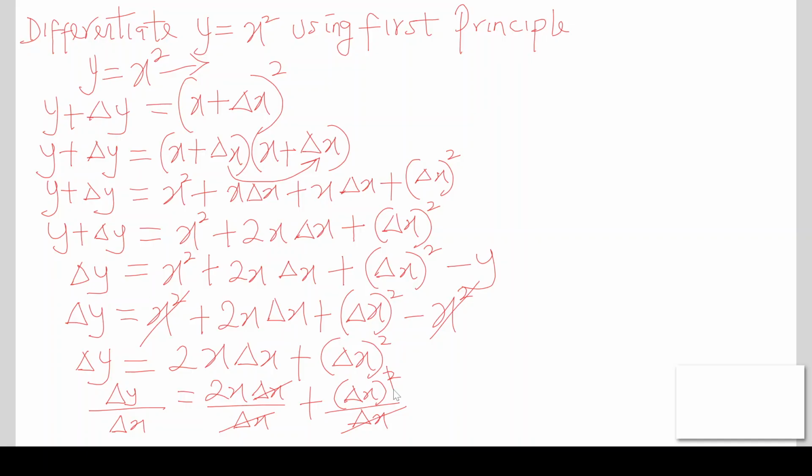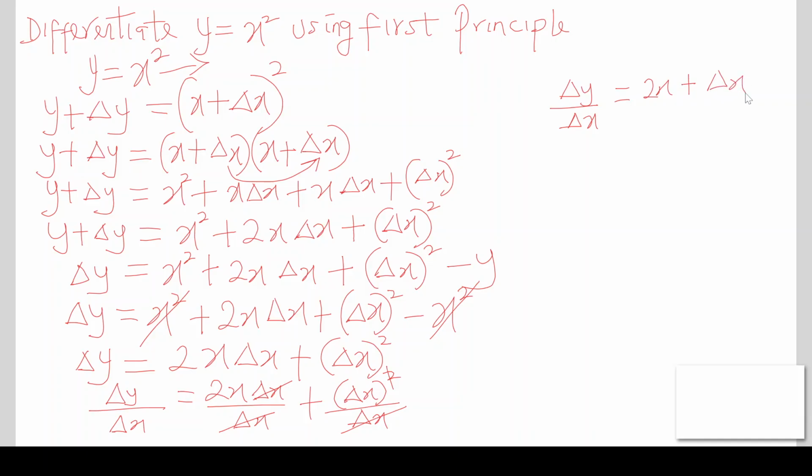So it becomes delta y over delta x, which will now be equal to 2x plus delta x. That's what we are going to be left with. So 2x plus delta x.